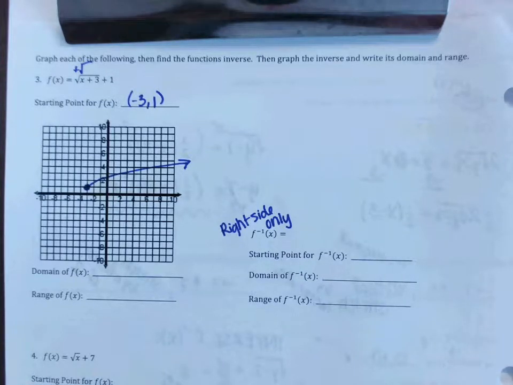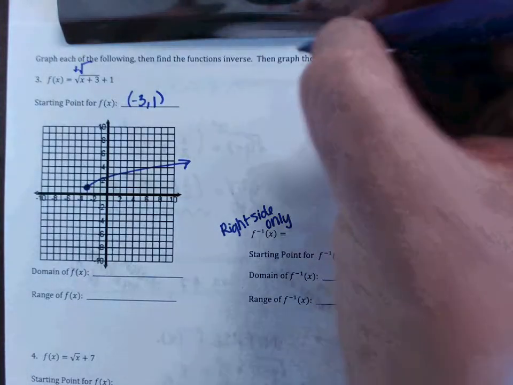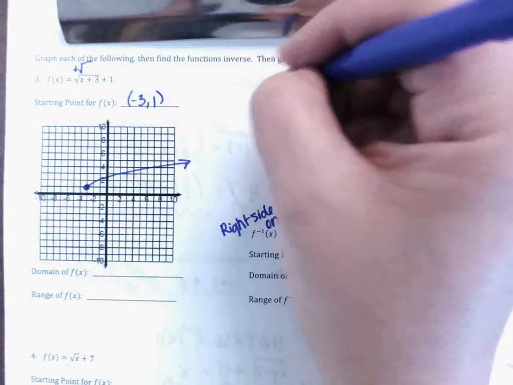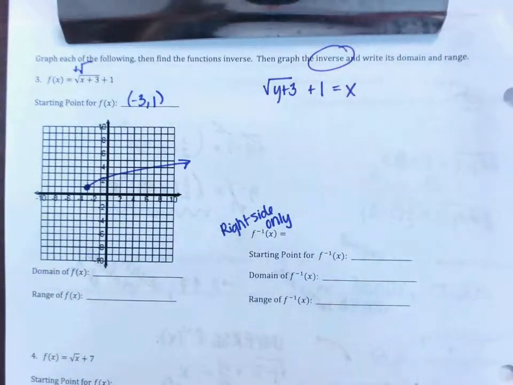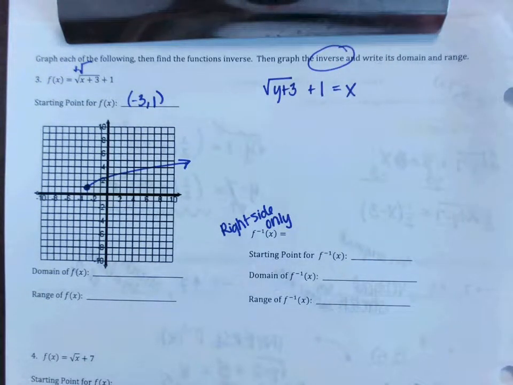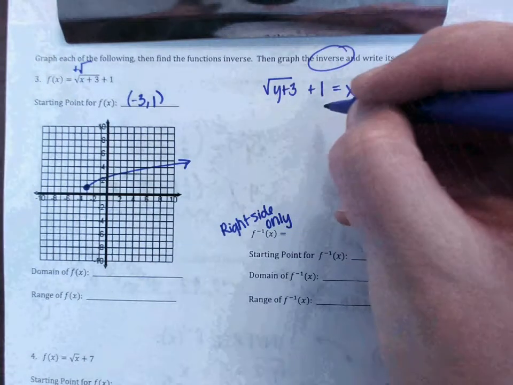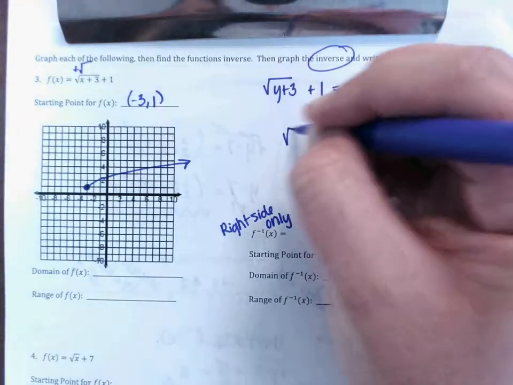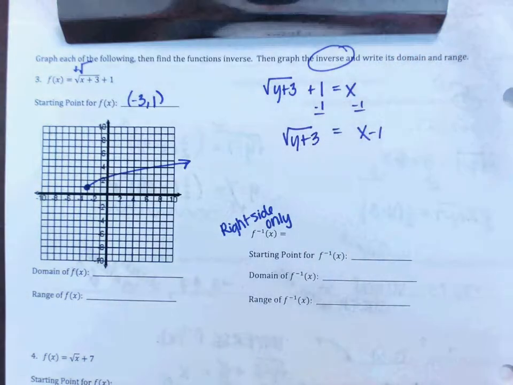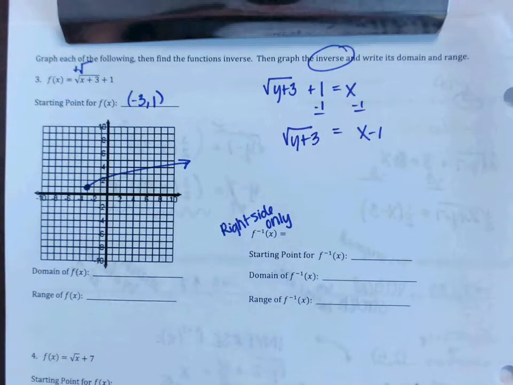Okay, so let's switch our x and y. So it's going to be y plus 3 plus 1 equals x. This is for our inverse. What do I do first? Subtract the 1. So I have x minus 1 here and y plus 3 here. What's my next step? Square both sides. All this should look familiar.